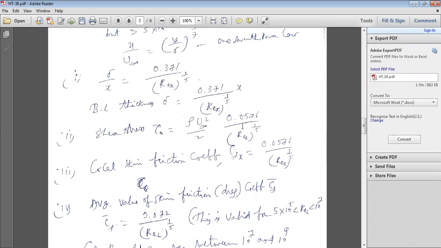So Cfx is equal to 0.0576 divided by Rex to the power 1 by 5.